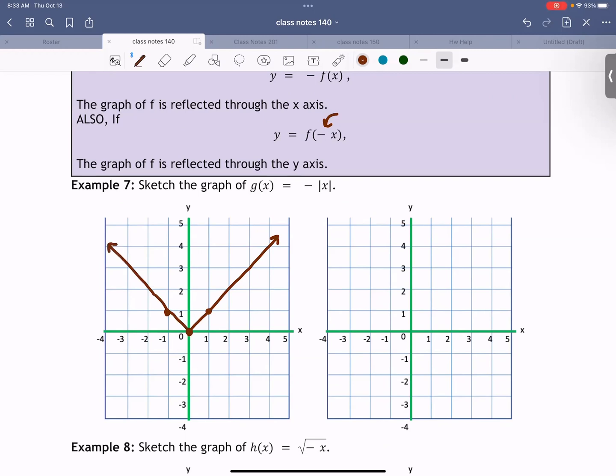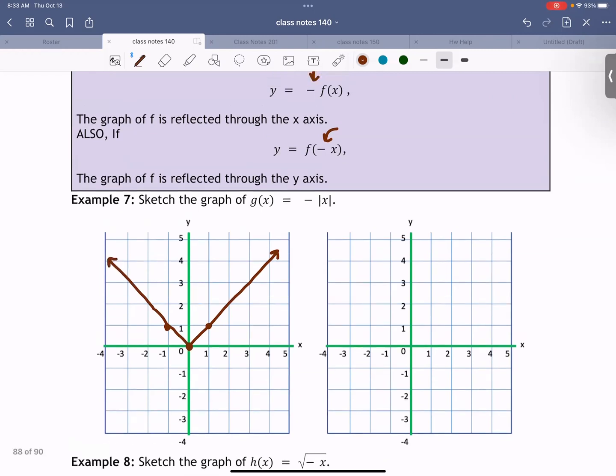Now, let's look at the placement of this negative sign. Is the negative sign on the outside of the function or on the inside? It's on the outside, right? So this is on the outside of the function, which means, are we reflecting about the x-axis or the y-axis? X-axis, good. So we're going to reflect about the x-axis.